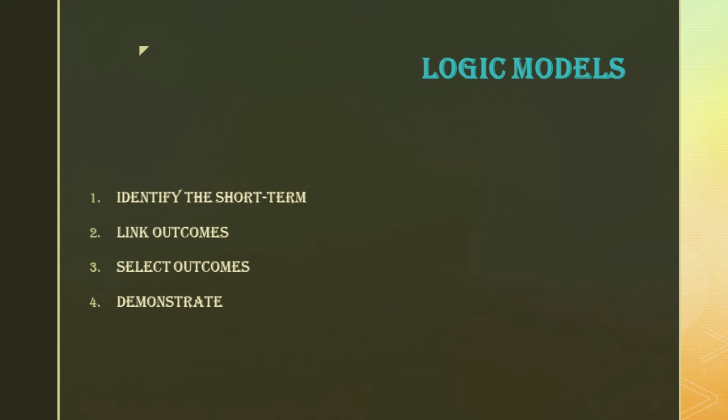A logic model can be used as a tool to identify the short-term, intermediate, and long-term outcomes for the campaign, link those outcomes to each other and to campaign activities, and select outcomes to measure depending on the stage of the campaign's development. It also demonstrates how it may take time before long-term outcomes can be associated with the campaign.